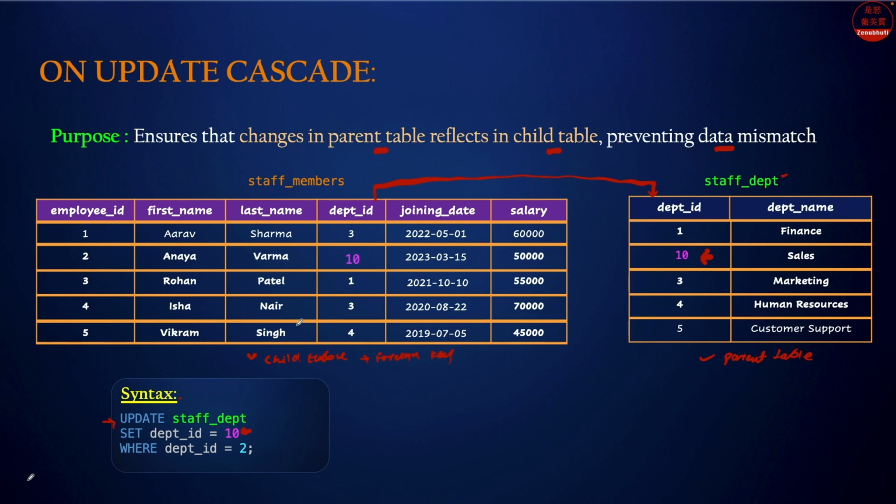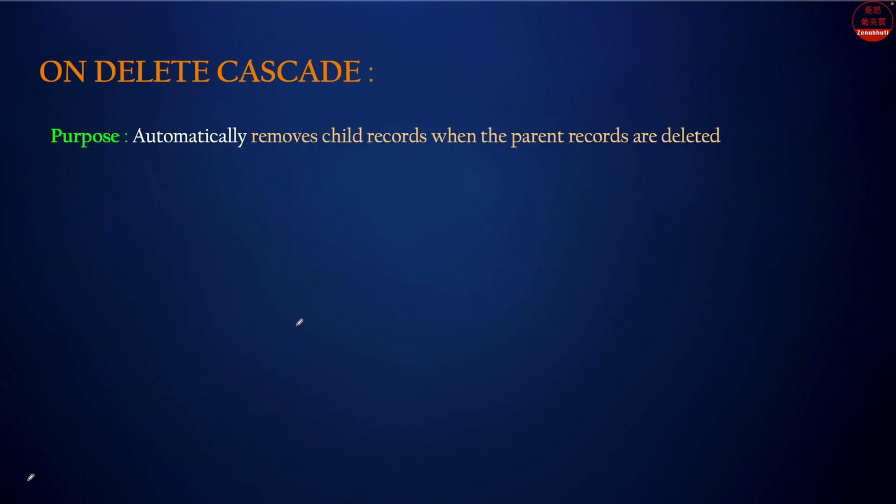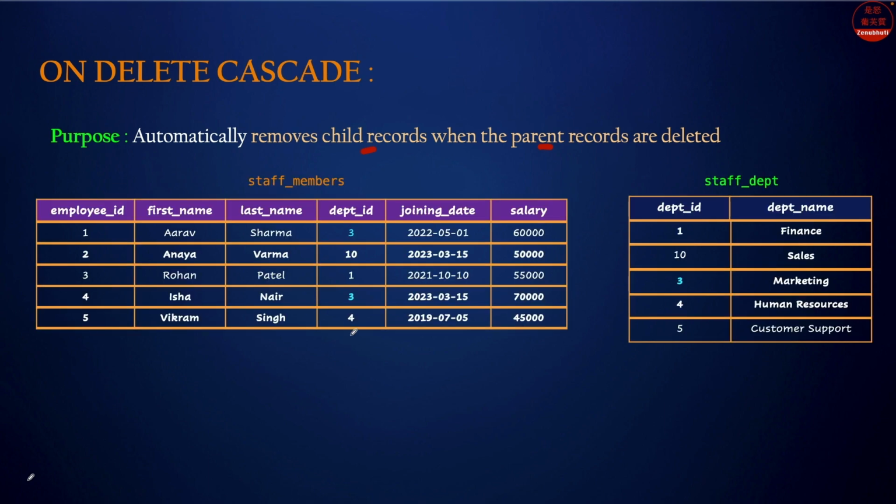Now let's see on delete cascade. It automatically removes the child records when the parent records are deleted. We're going to see how, once we remove the records from the parent, the child records will be removed too. Again, we have these tables. This is your child table, this is your parent table.